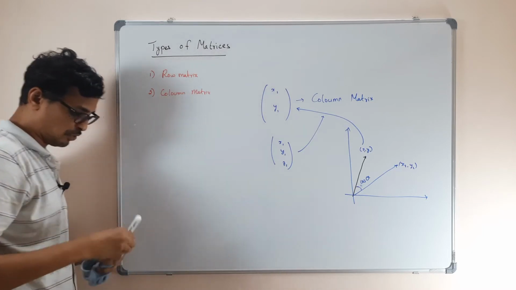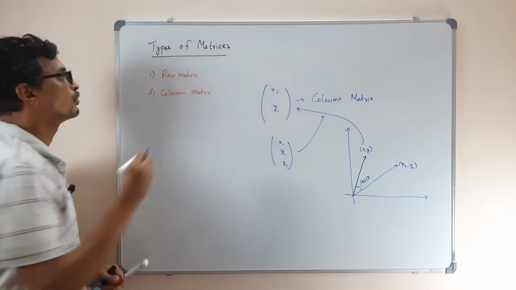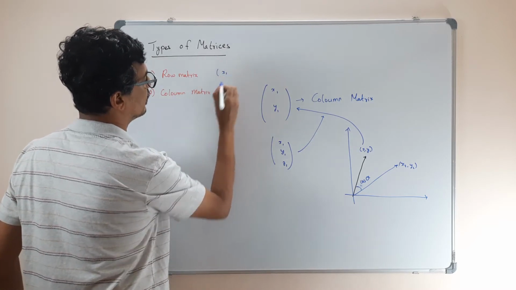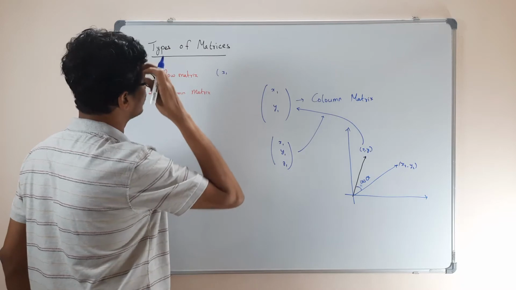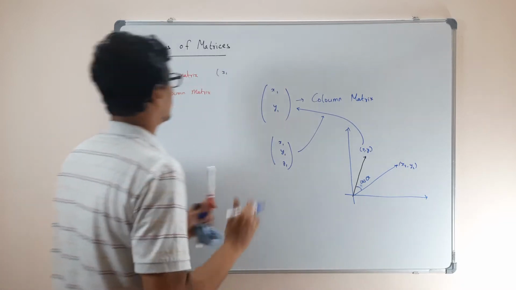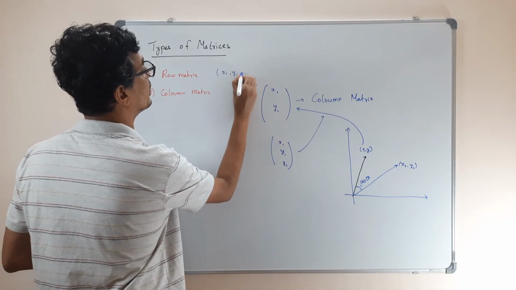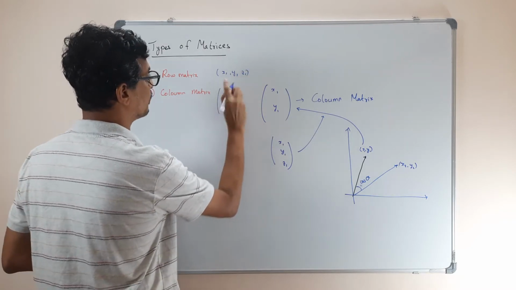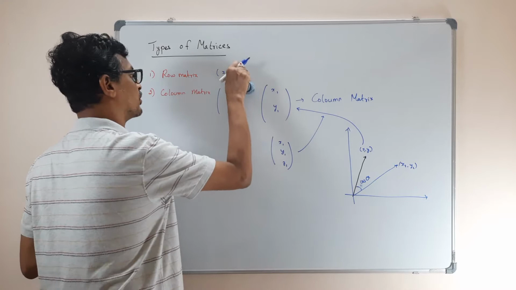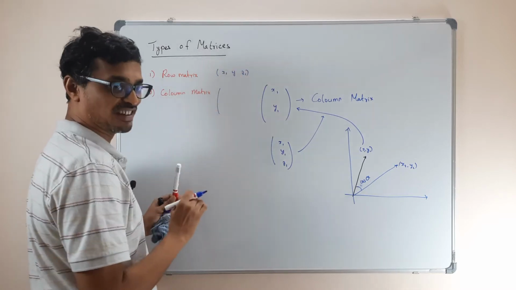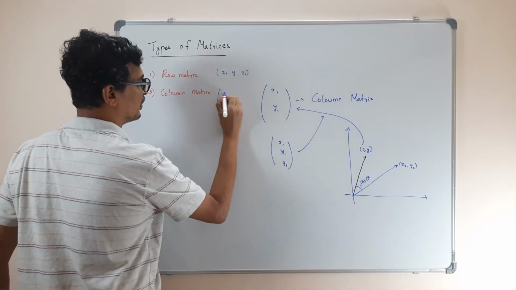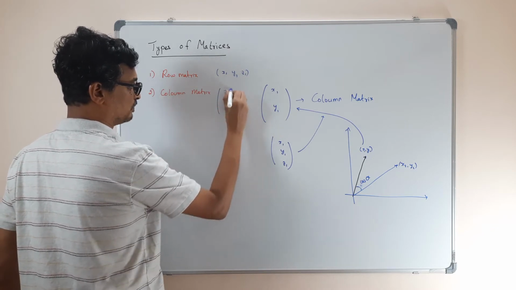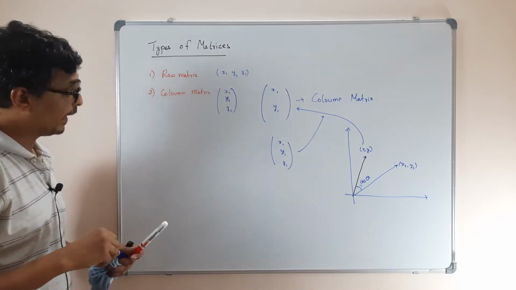What is the example of row matrix? We can write this one as, say, x1, y1, z1. These are the examples. Column matrix is, oh sorry, there should be no comma, I made a mistake. It's not a point, it's a matrix representation. So x1, y1, z1.